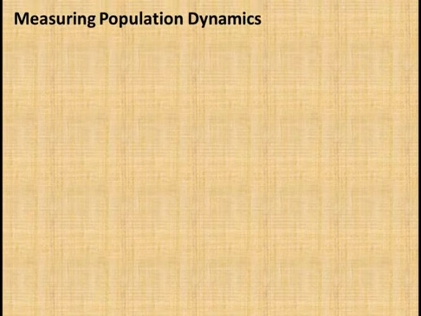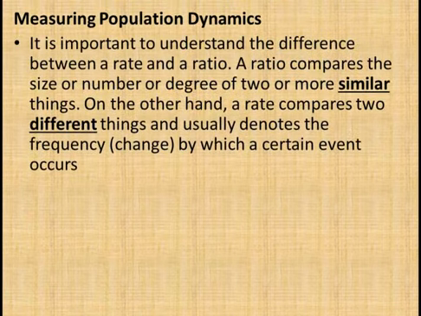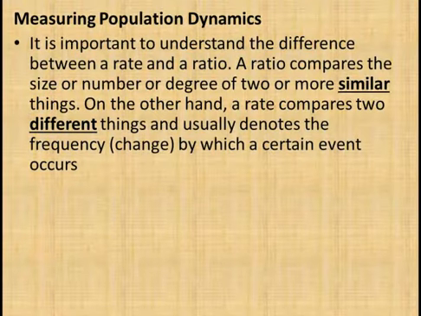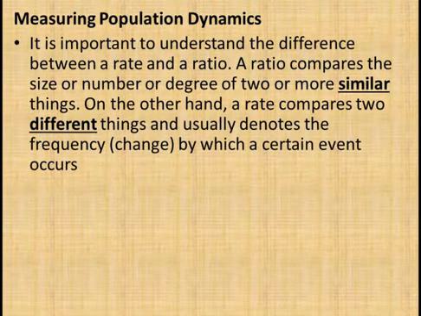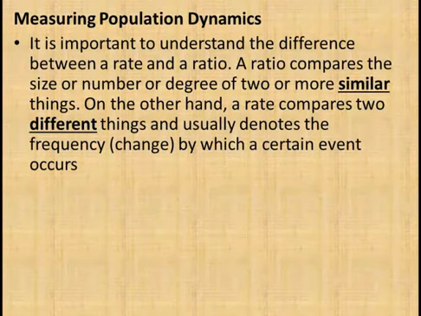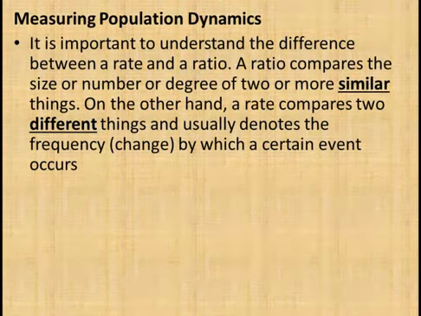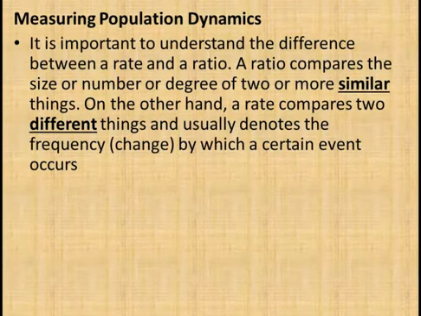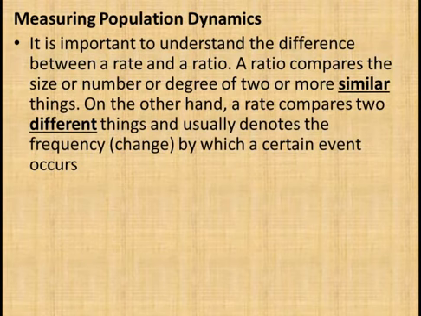But before we go into detail, it is important to understand the difference between a rate and a ratio. A ratio compares the size or the number or the degree of two or more similar things.